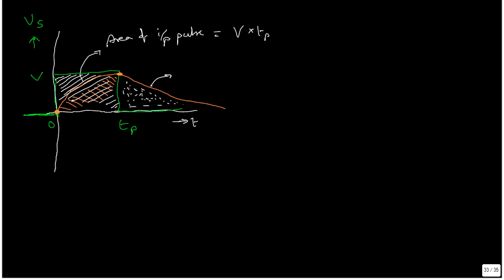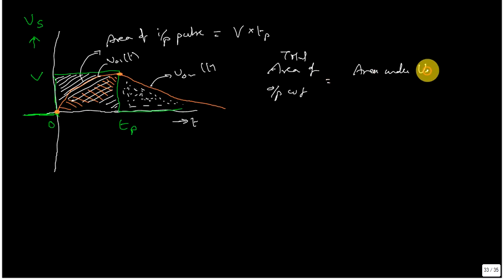Call them V01 of t and V02 of t. So the total area of the output waveform is equal to the area under V01 of t plus the area under V02 of t.